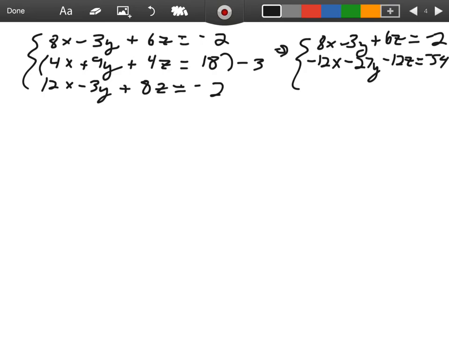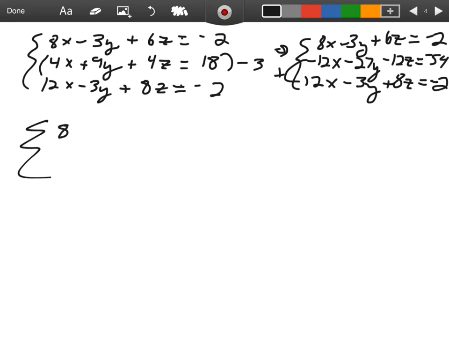Running out of room. Negative 54. And then we have 12x minus 3y plus 8z equals negative 2. These two I'll add together. I ran out of room, I'm sorry. The top equation stays the same.